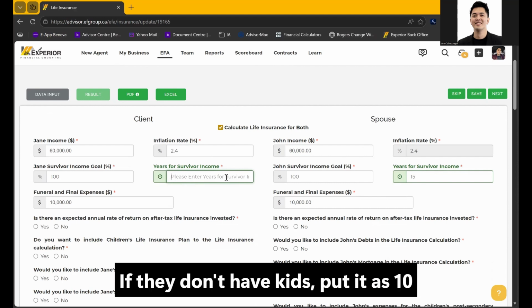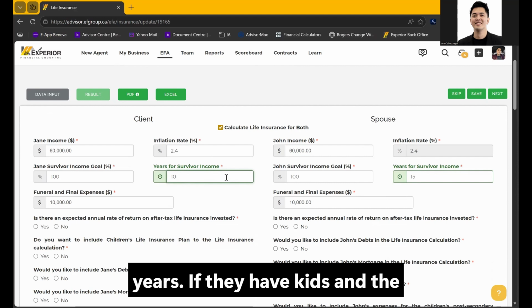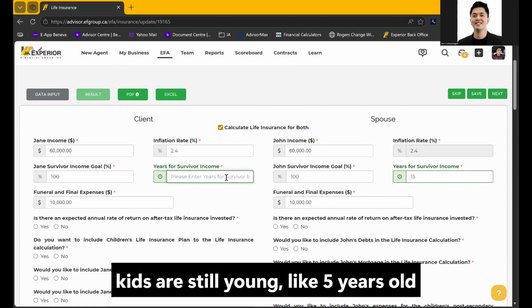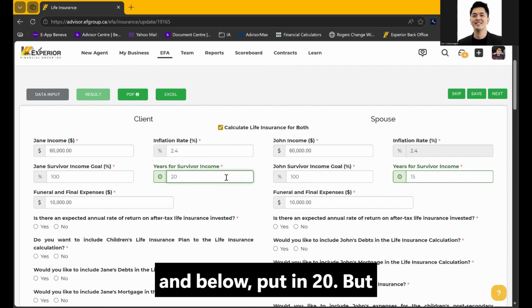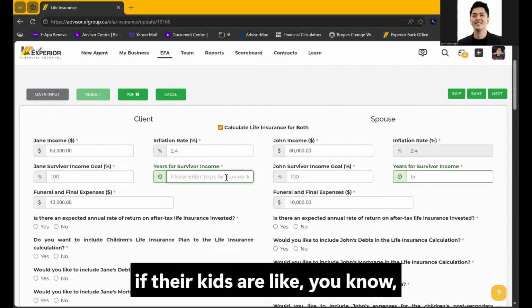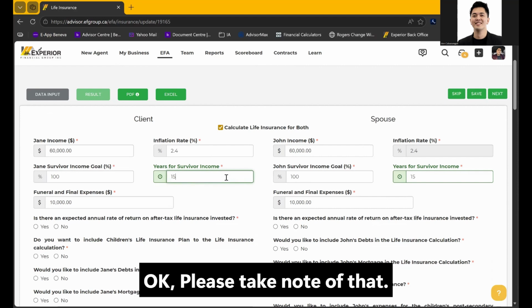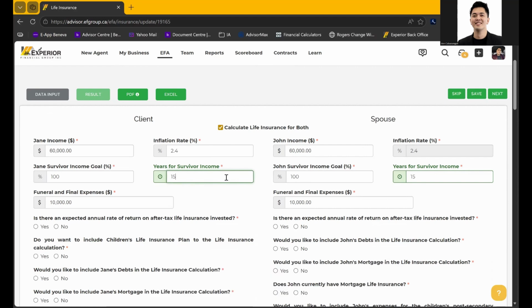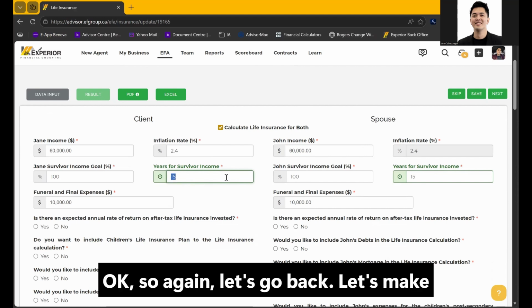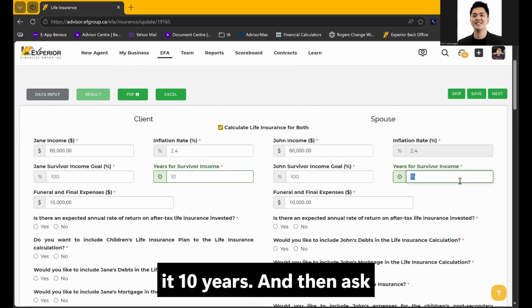If they don't have kids, put it as 10 years. If they have kids and the kids are still young, like 5 years old and below, put in 20. But if their kids are like 6 years old and above, do 15. Okay. Please take note of that. Okay. So again, let's go back. Let's make it 10 years.